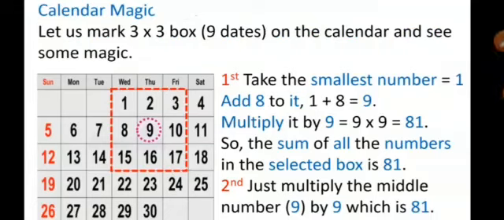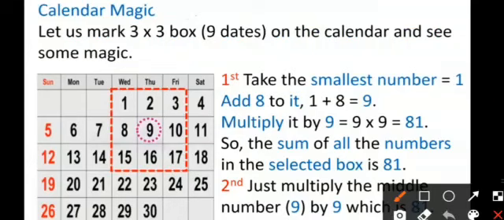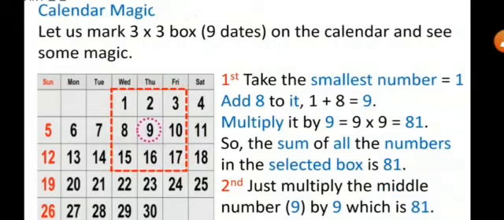Calendar magic. Let us mark a 3 by 3 box on the calendar. It means you have to consider 9 dates at a time and see some magic. First take the smallest number, that is 1.